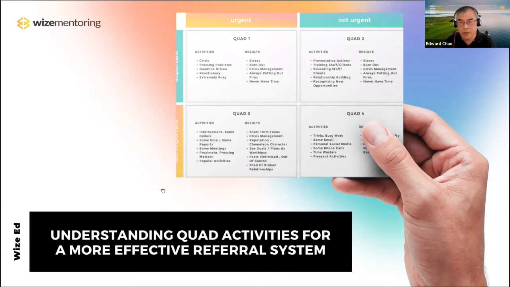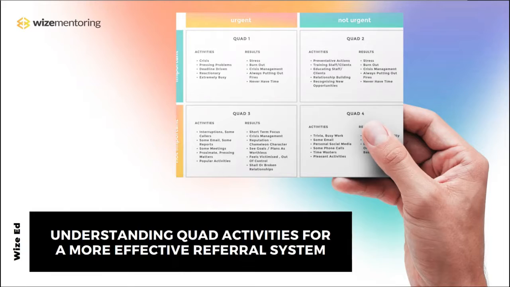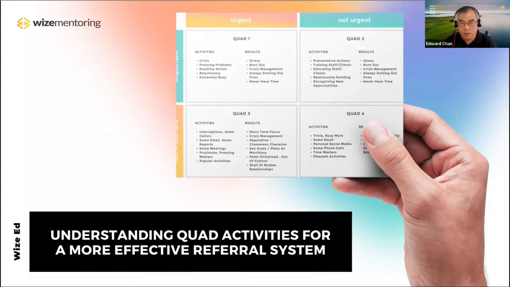It's very important to train that person, but when you've got disasters and fires out of control, it drags you back into quad 1. Quad 2 are more preventative activities. When someone says to me, I can't trust somebody else to do the work, well, prepare a checklist.